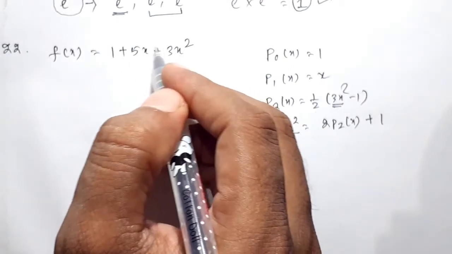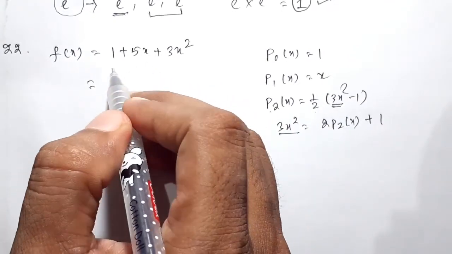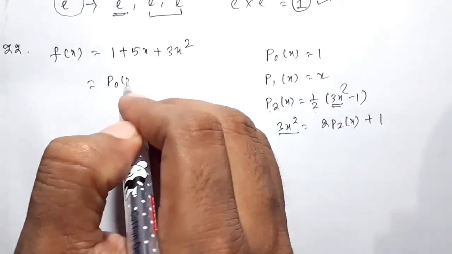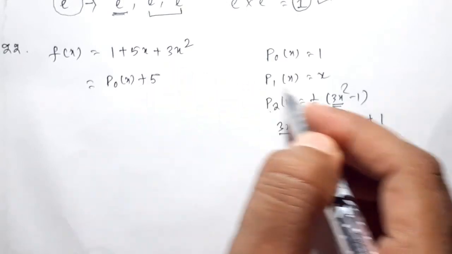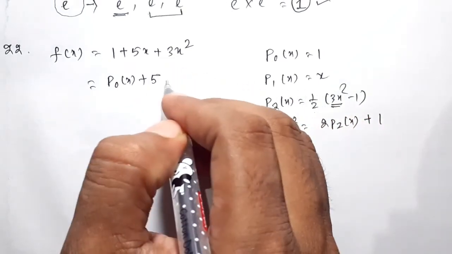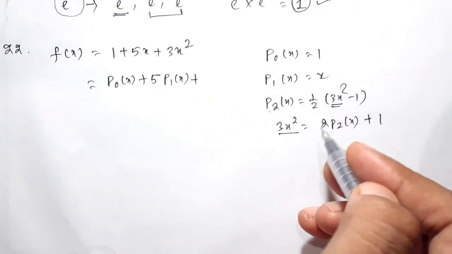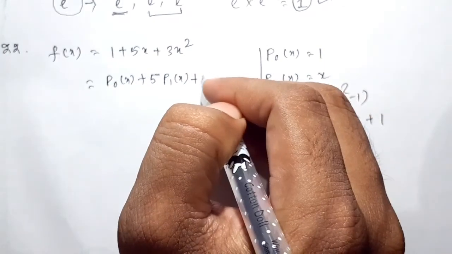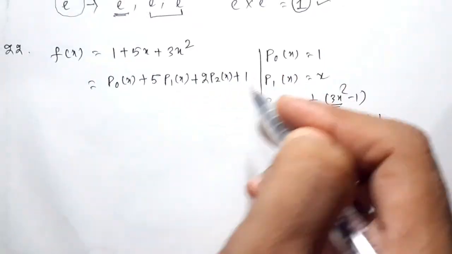Now putting these values in the above equation. Instead of 1 I am writing p naught x, plus 5 into, instead of x, p1 of x, and for 3x square I am writing 2 p2 of x plus 1.